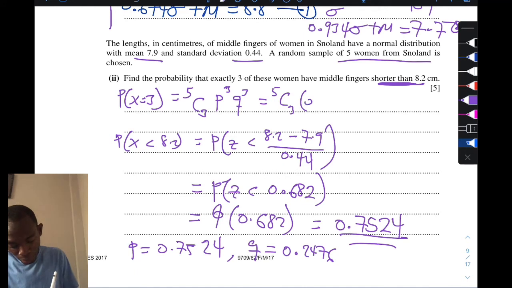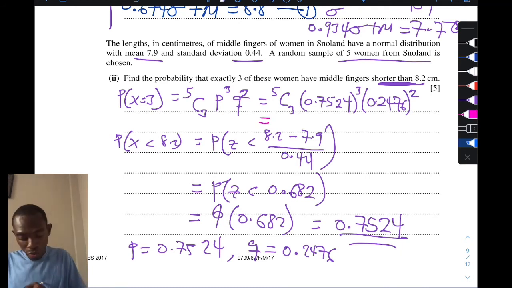P is 0.7524 to the power 3, and then we have Q, which is 0.2476 to the power, it's not to the power 3, it's to the power 2. Okay, I nearly made that mistake.